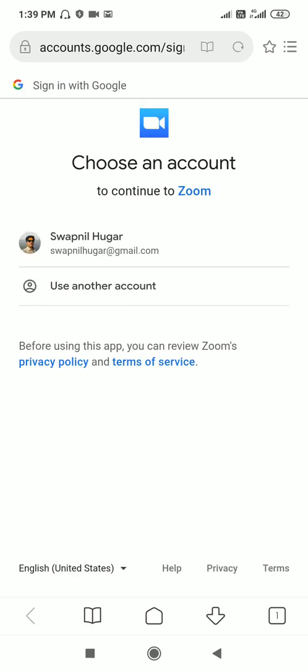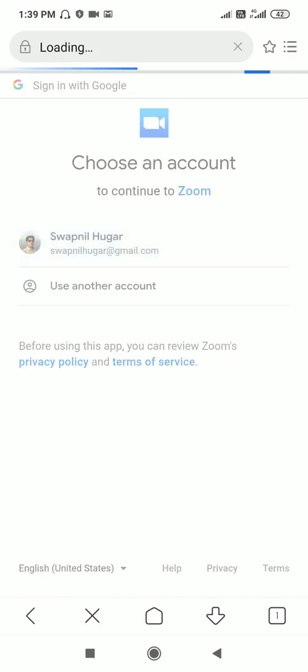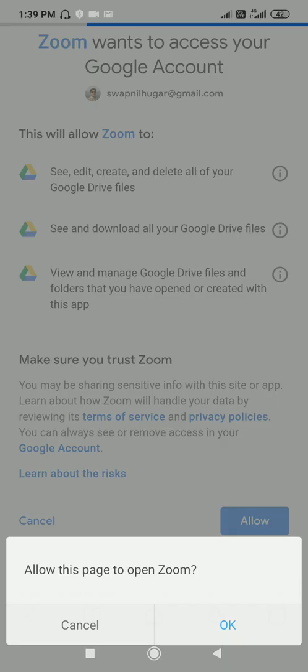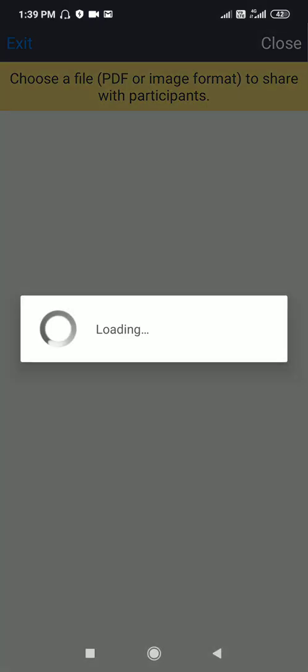I would like to share my screen with you all. See the injection system and the injector. There are many differences between the injector systems and the injector that you are going to study now. Just it is loading.